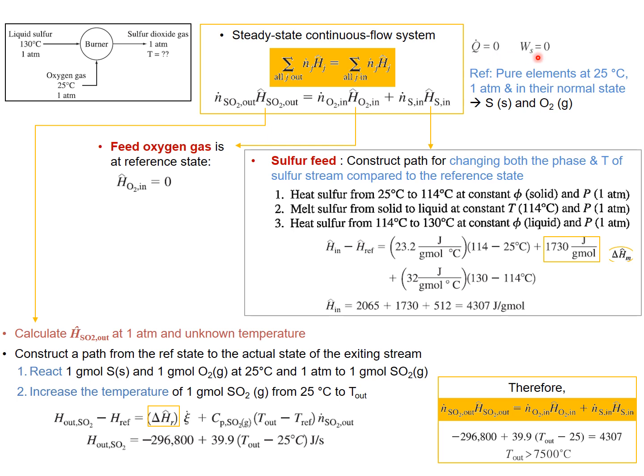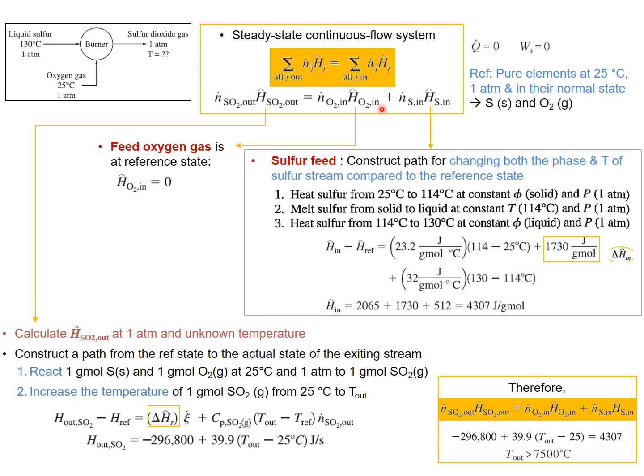Also there is no shaft work. Resultantly, enthalpy out is equal to enthalpy in. That is to say, SO2 out equals O2 in plus sulfur in. So we could use this energy balance equation.